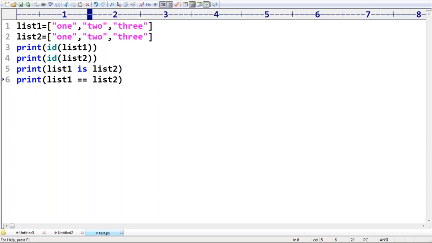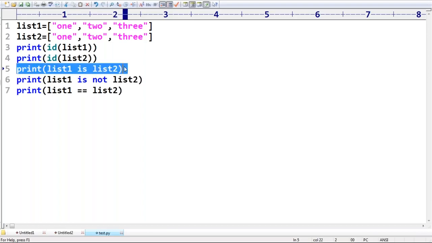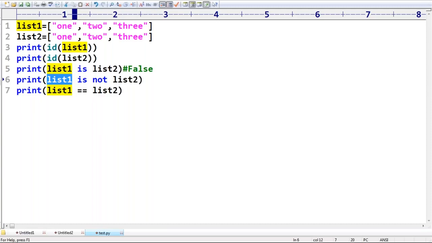True. Now list1 is not list2, what is the answer we are going to get? True. And list1 double equal to list2, true is the answer.